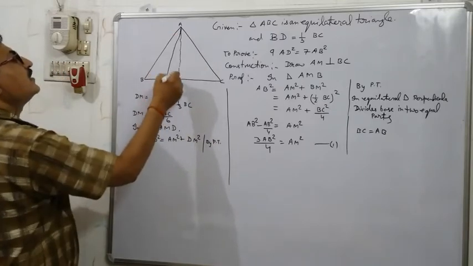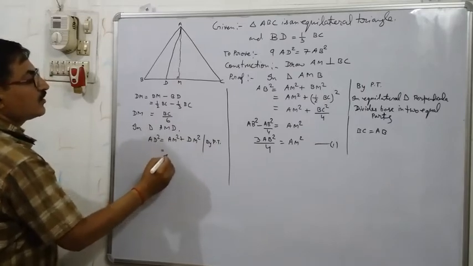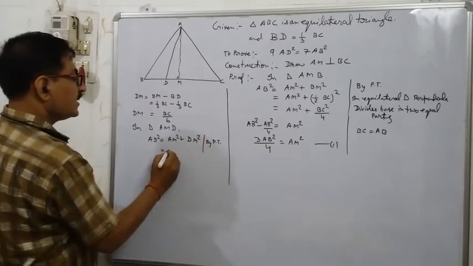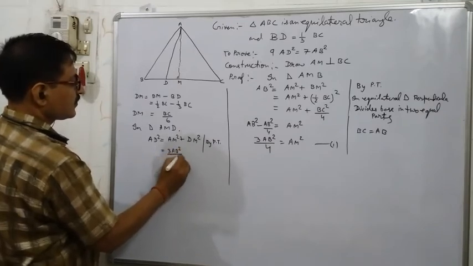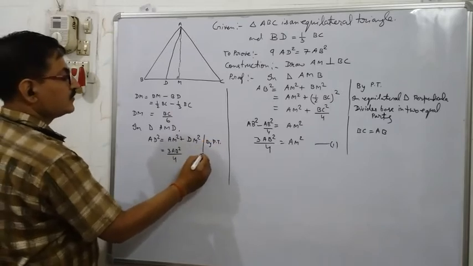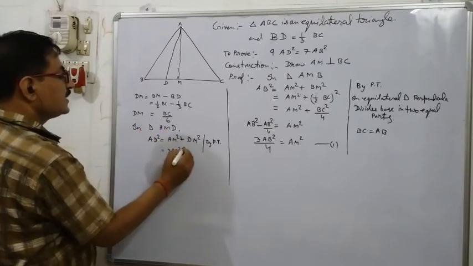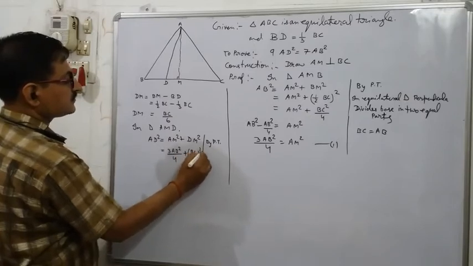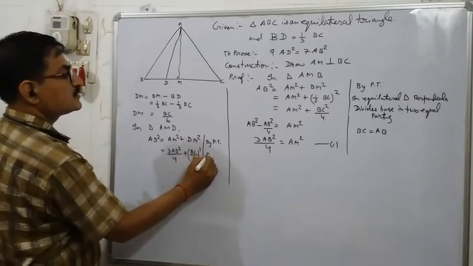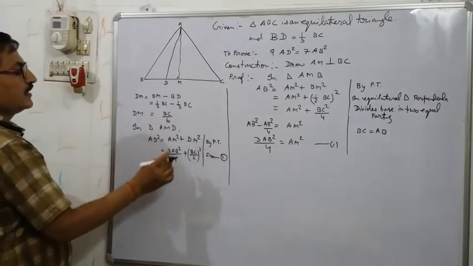Now the AM square value we have written is 3AB square upon 4, from 1. And DM square equals BC upon 6 whole square. Whatever the values are, we have written them here.